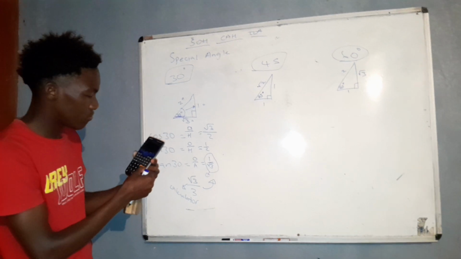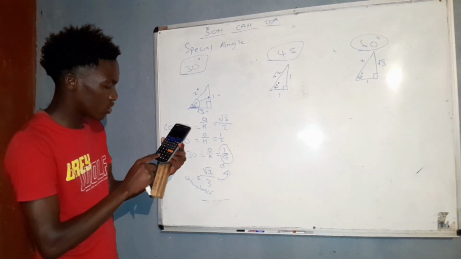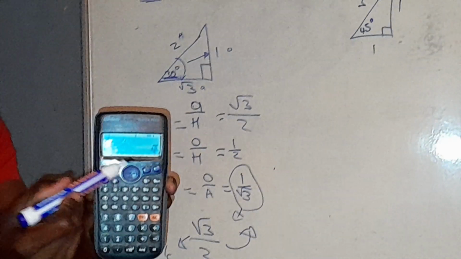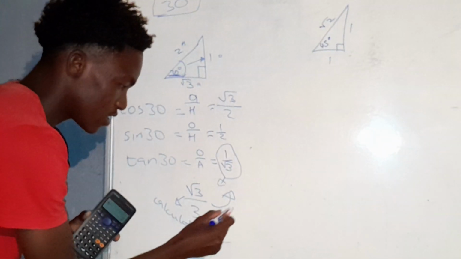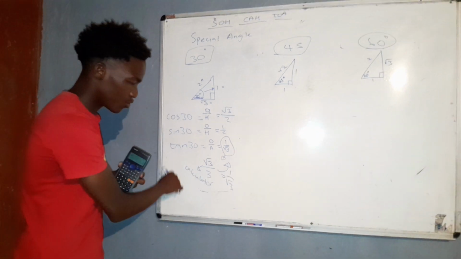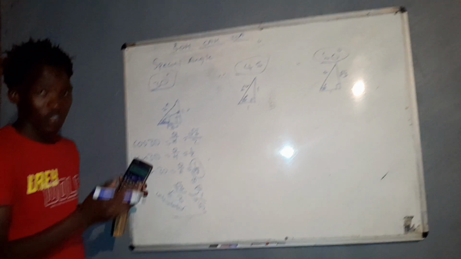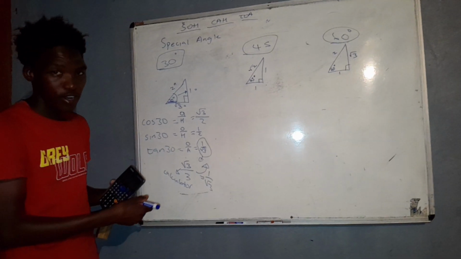Let me try to show you. 1 over root 3. Still the same. Root 3 over 3. Still the same. It's the same as this, but if you use this one that comes from the calculator, they're going to see that you are cheating and you're going to be penalized for it.